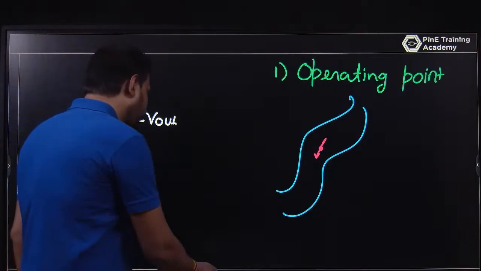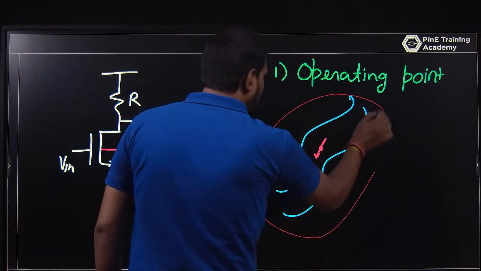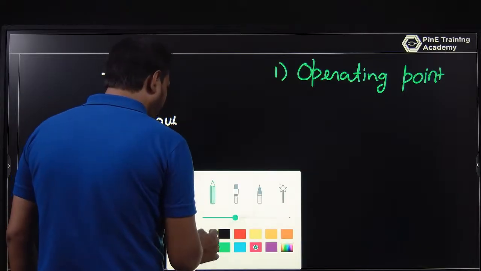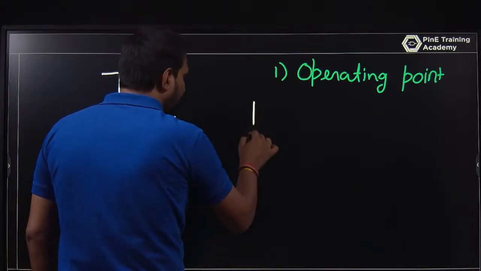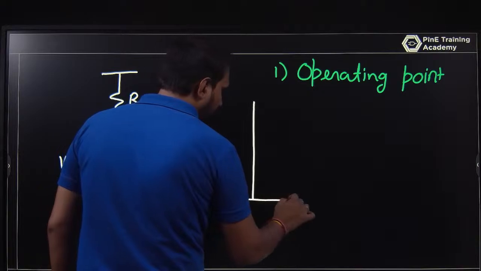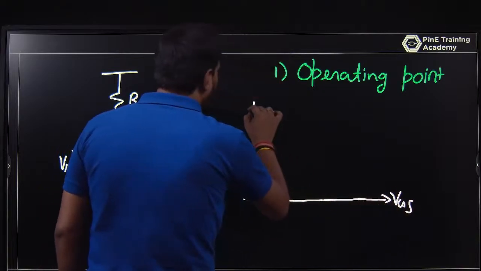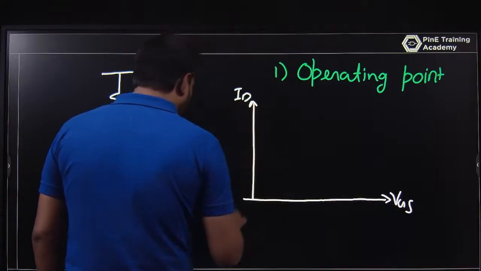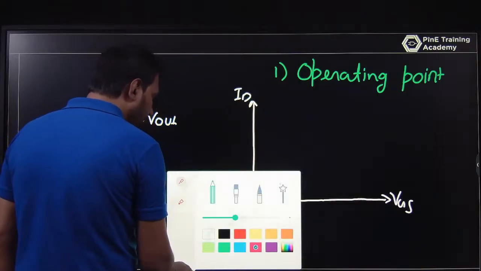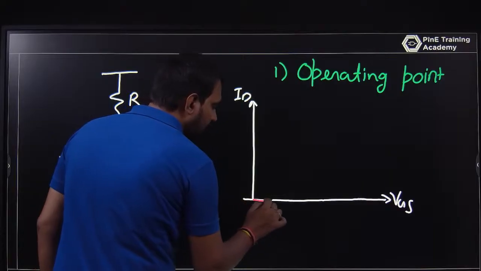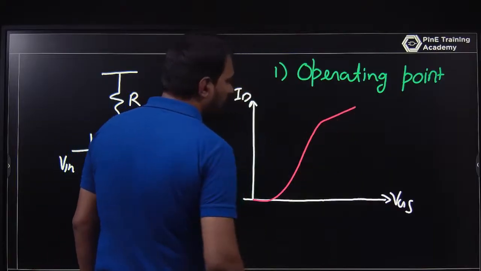You can understand it this way: you have an ID versus VGS graph. The drain current depends on VGS, and the curve looks like this.